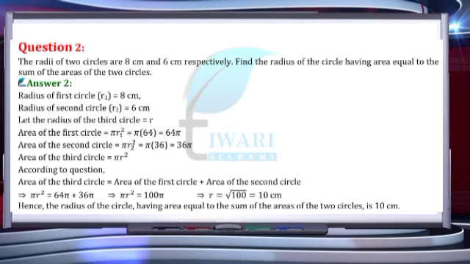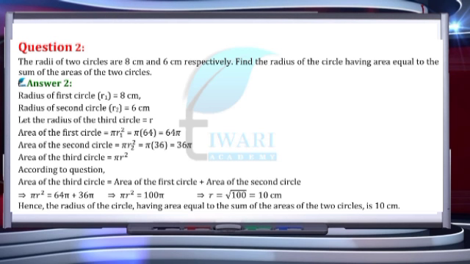So let R1 be 8 cm, R2 be 6 cm, and the radius of the third circle, that is the required circle, be R.